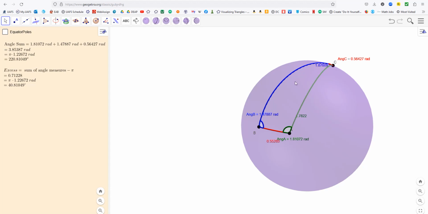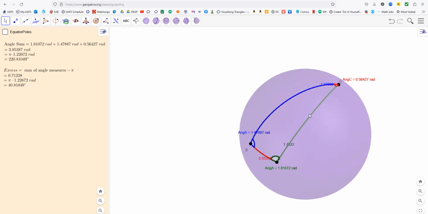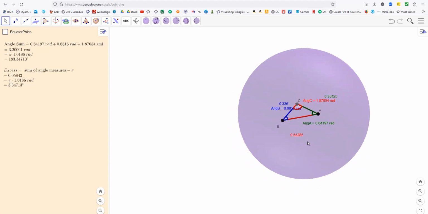Or we make the triangle kind of small. We can get that excess small, less than a degree, but it will never be zero. The angles will never sum up to pi radians or 180 degrees.